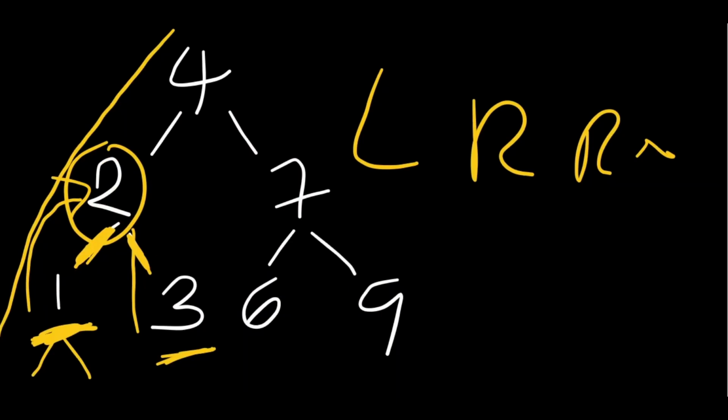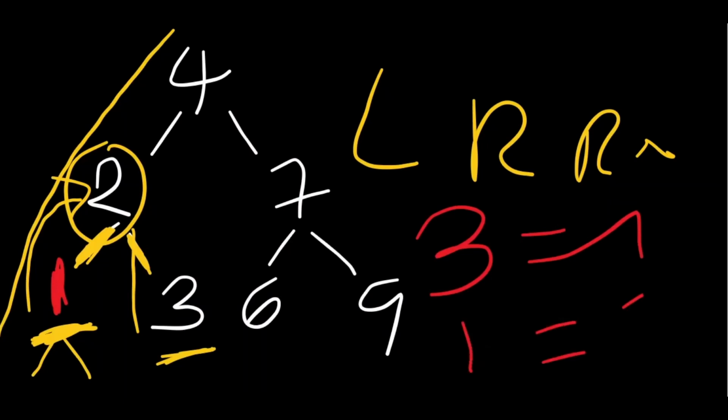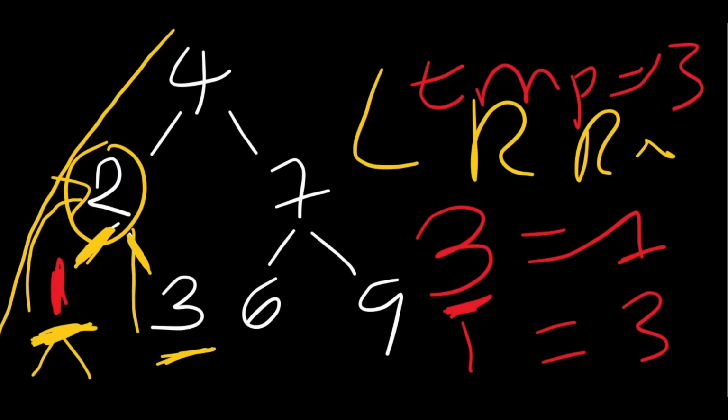What I mean is, if the right child is 3 and we set it to 1, then what do we set 1 to? We can no longer set it to 3 because we already overwrote 3, thereby losing it forever. So we need a temporary variable to store 3. Then we can store the temporary variable that contains 3 into the left.